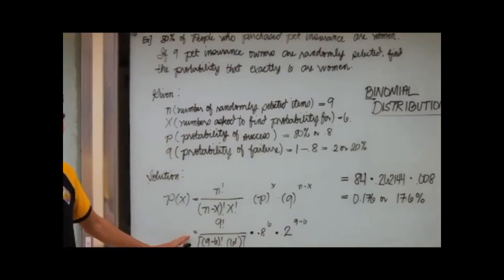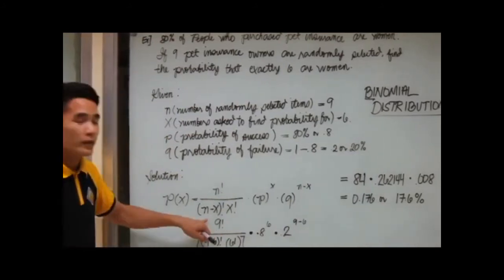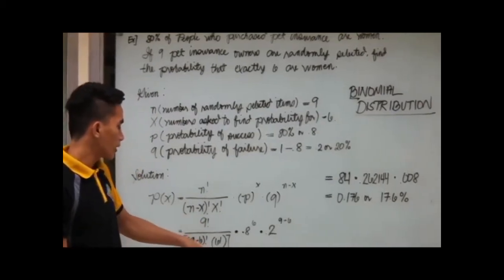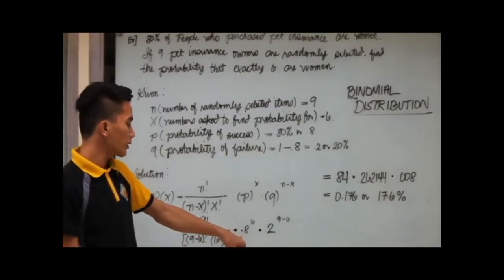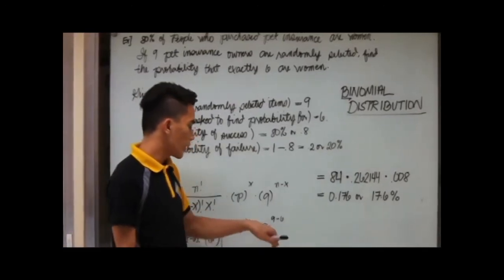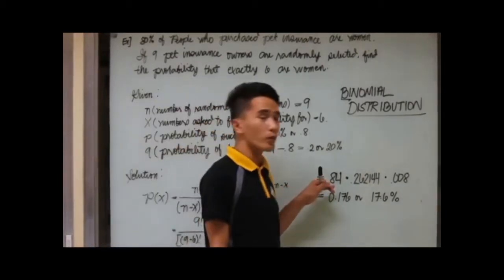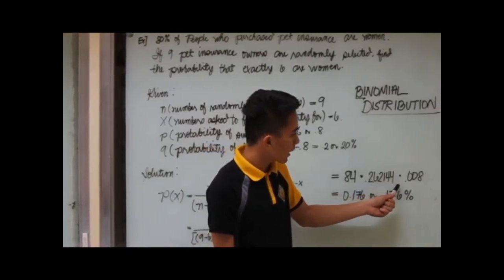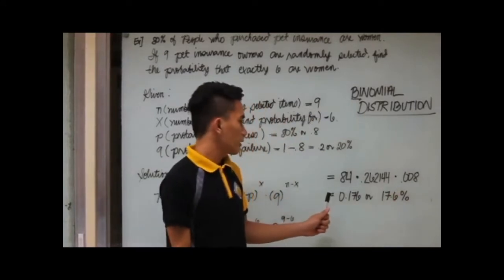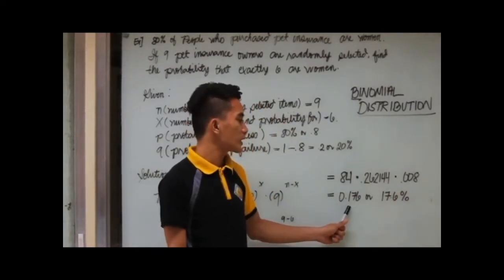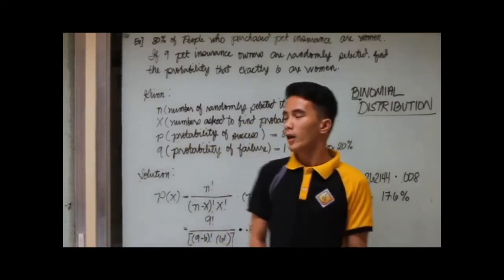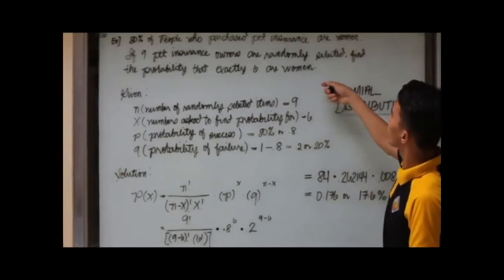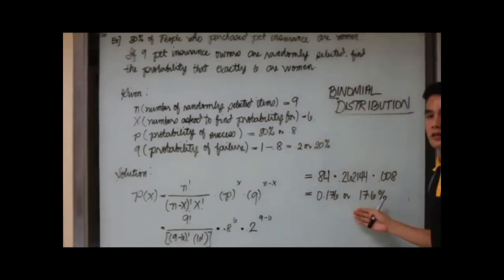Substituting, 9 factorial over 9 minus 6 factorial times 6 factorial, times 0.8 raised to 6, times 0.2 raised to 9 minus 6, which is equal to 84 times 0.262144 times 0.008, equals 0.176 or 17.6%. Therefore, the probability that exactly 6 women will be randomly selected is 17.6%.